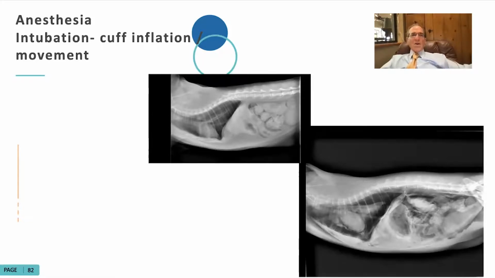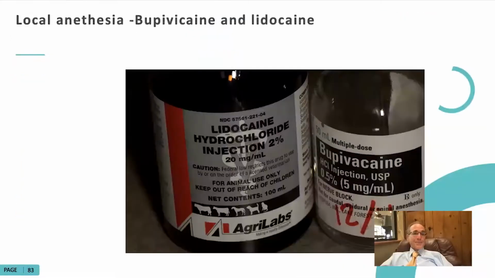They did an article that had 18 cases of tracheal tears, and virtually all of them were related to dental procedures, because we go back and forth and back and forth. And many of these cats do not make it. So very important not to hyperinflate the cuff, and also anytime you move the cat from side to side, disconnect the tube from the machine.